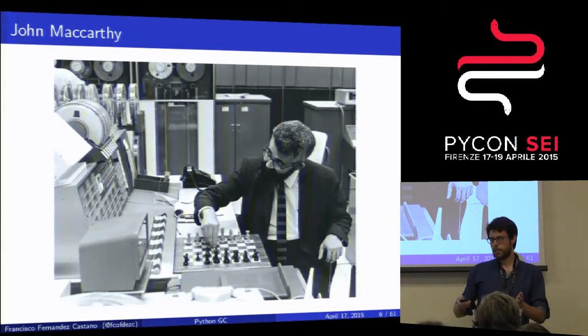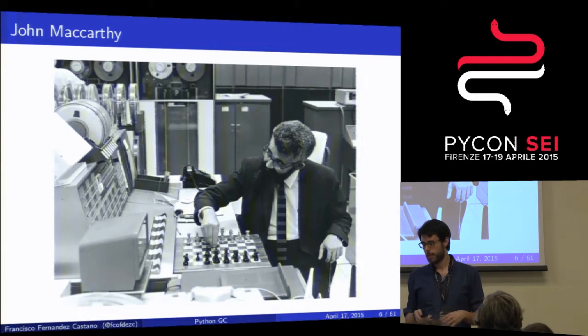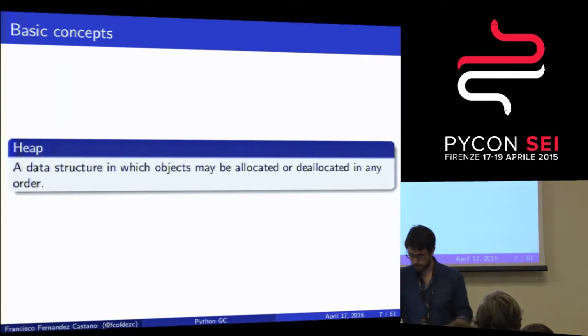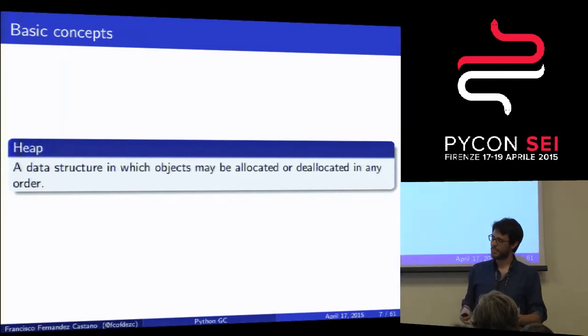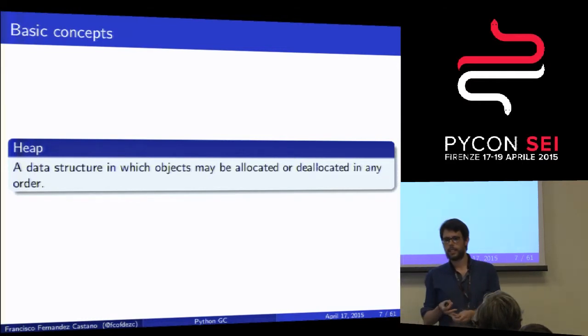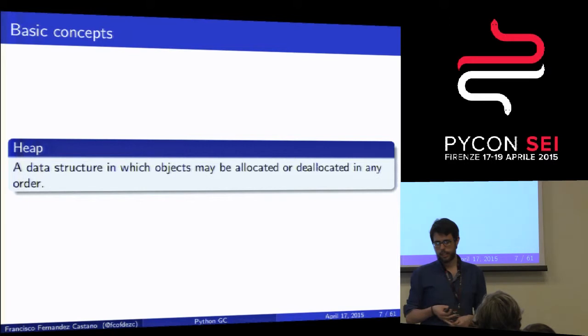And let's start with some academic concepts that we have to know to understand a bit about garbage collection. We need to know what the heap is. The heap basically is a data structure where our objects are allocated or deallocated.